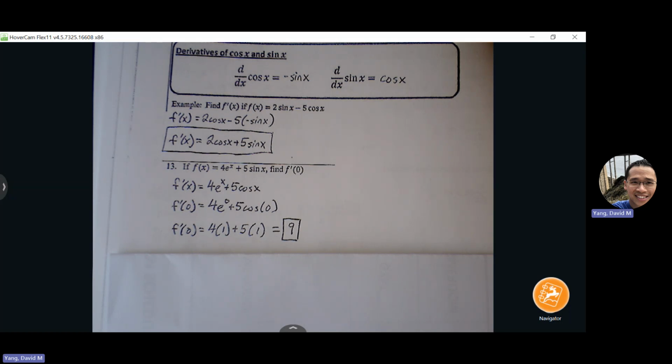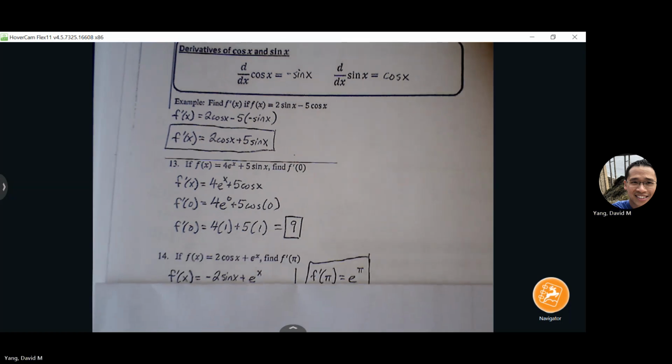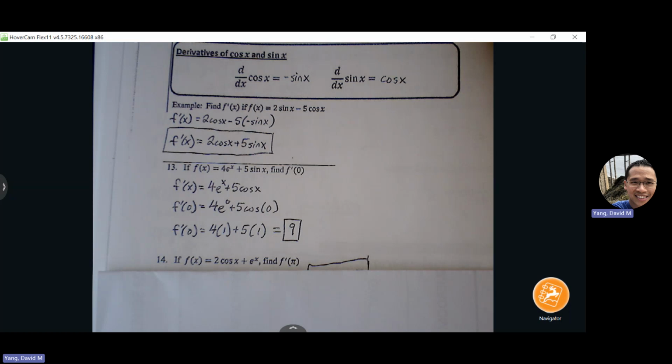We're able to combine those constants, make it 4 plus 5 equals 9. Okay, try 14.